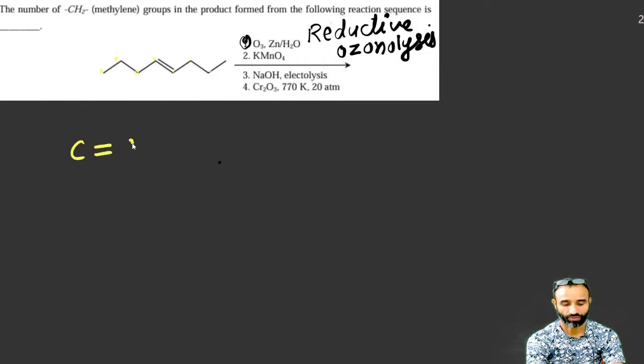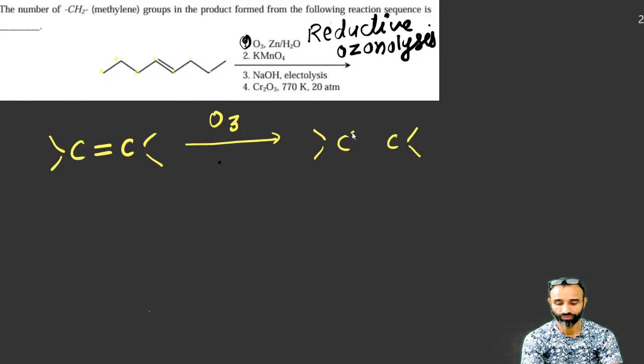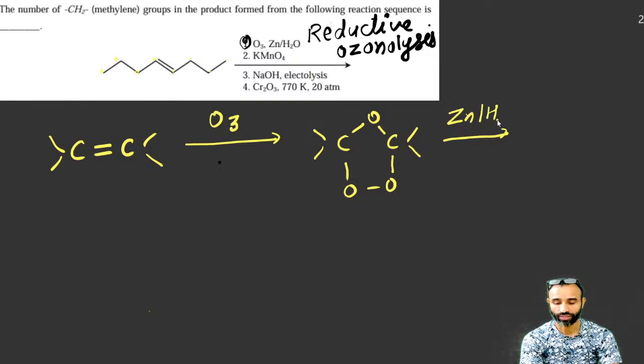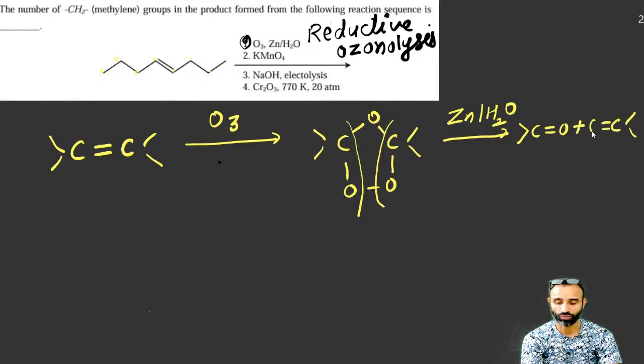So whenever we have an alkene and this alkene undergoes ozonolysis, first ozone is added and we get ozonide, and this ozonide when treated with Zn/H2O, there is a breaking of the carbon-carbon double bond and ultimately we get 2 molecules of carbonyl compound and removal of ZnO.